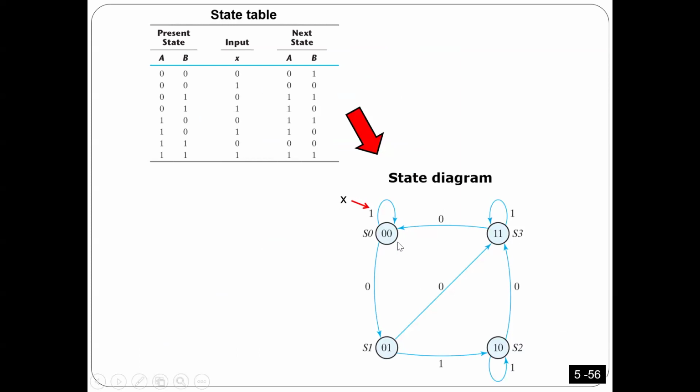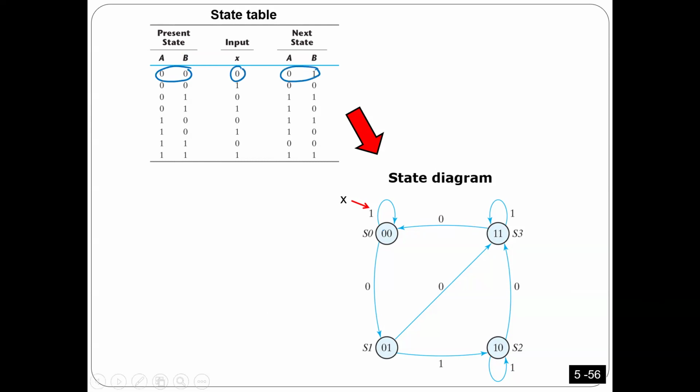Okay, now let's draw the state diagram. Again, nothing here is new. It's just similar to what we did before. As I told you here, we have four states, as you see here. Every row here is represented by one arrow. So let's see here. If I'm in state 0, 0, and x is 0, I will go to state 0, 1.